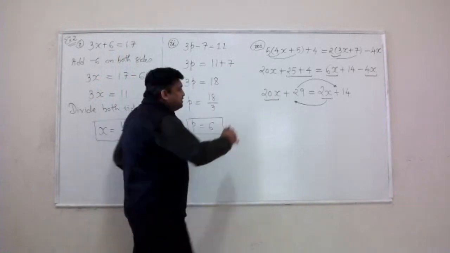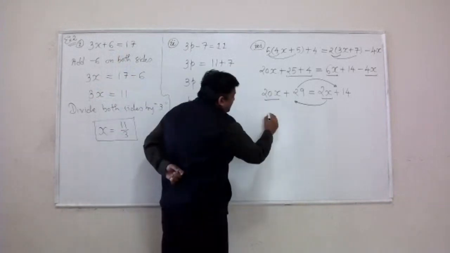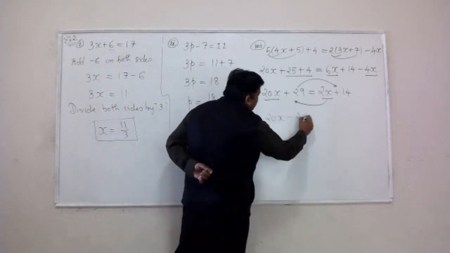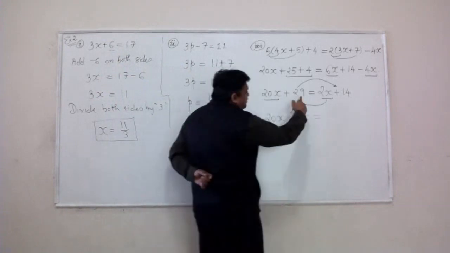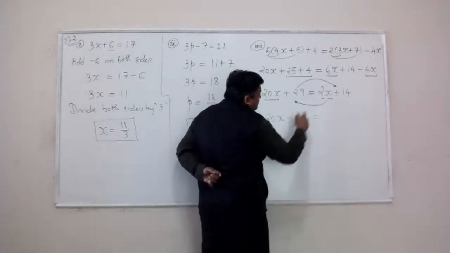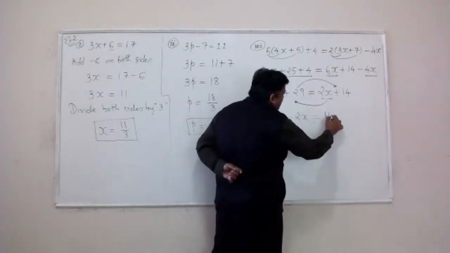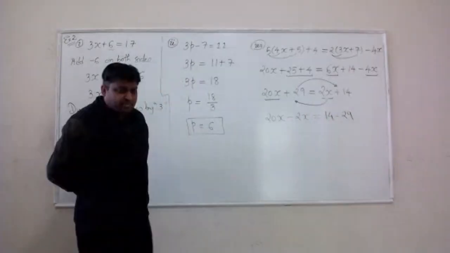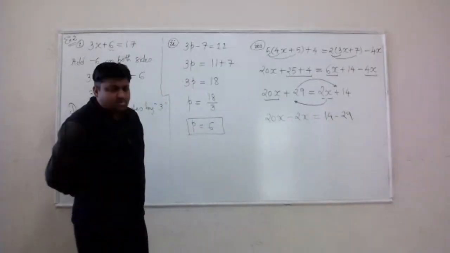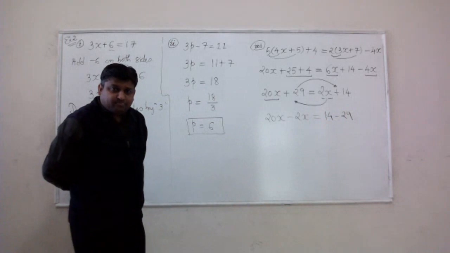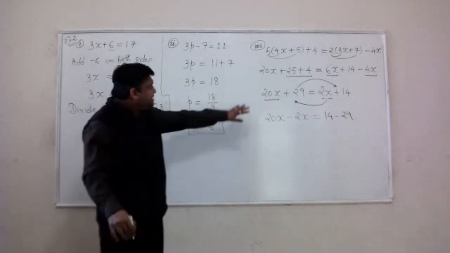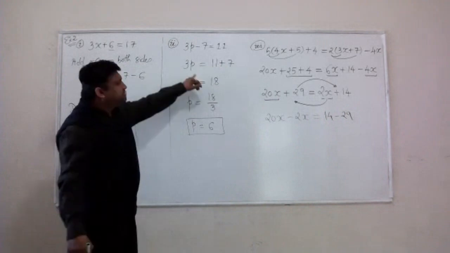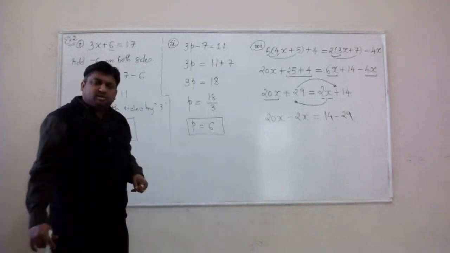Remember, this is an intentional move. 20x is staying here, adding negative 2x on both sides will shift that 2x over to the other side. Adding negative 29 on both sides will shift 29 over to the right side. All right. Same operation that we performed in the first step of both of these sub problems.